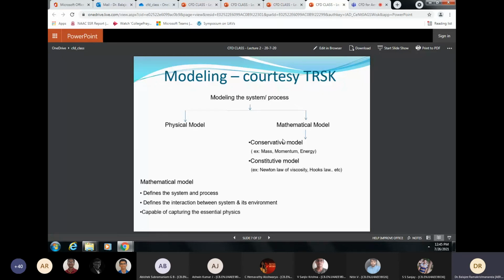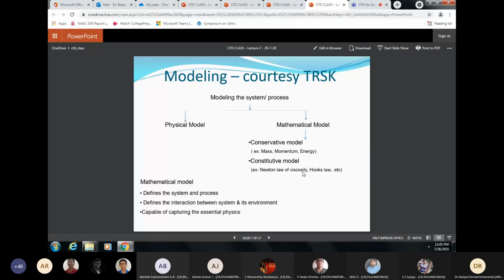Okay. So in the mathematical model, you have the conservative model: mass, momentum, energy. These are the basic equations, called the conservative model. And you may have a constitutive model also. A constitutive model is in order to supplement some of these things. This may not completely determine the system. You may have Newton's law of viscosity.